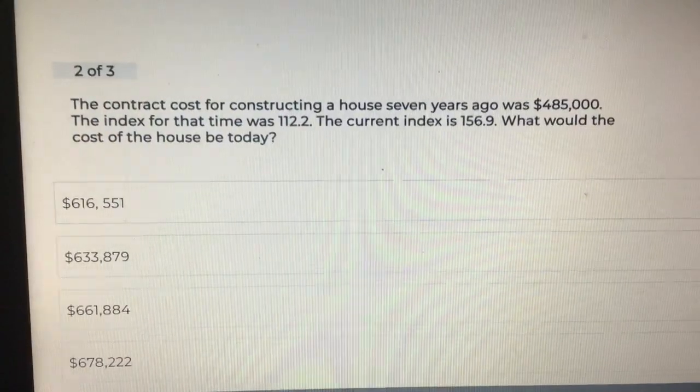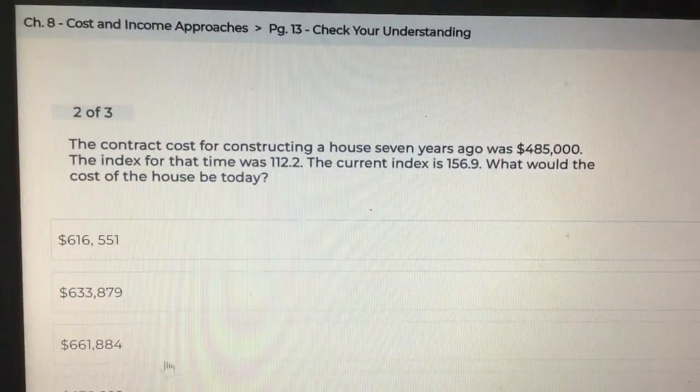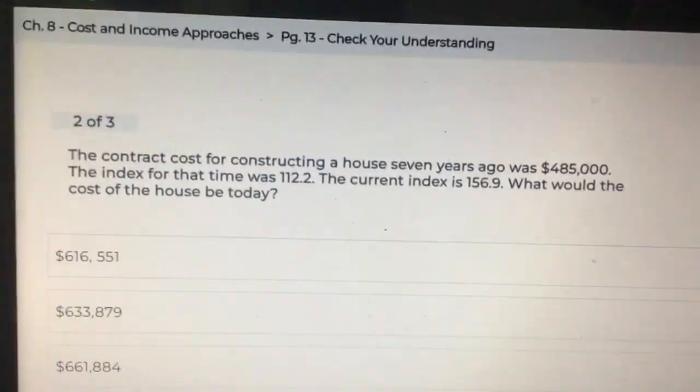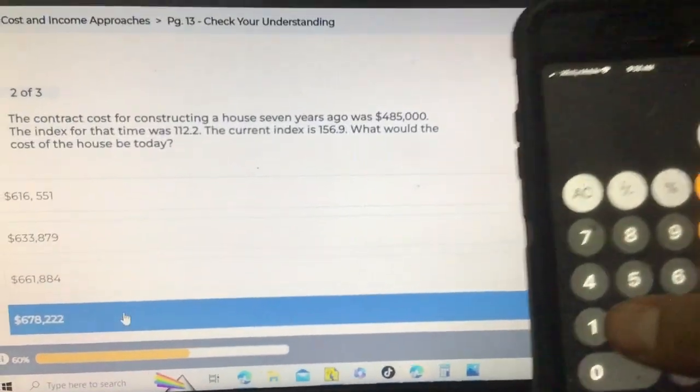I'm going to go D, $678,222. What I did was I took the original sale price, which was $485,000.